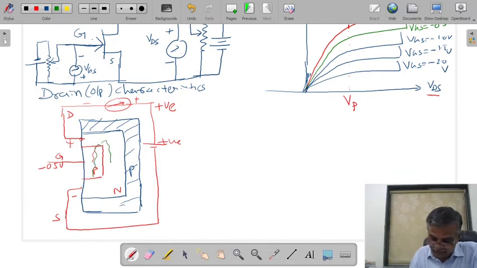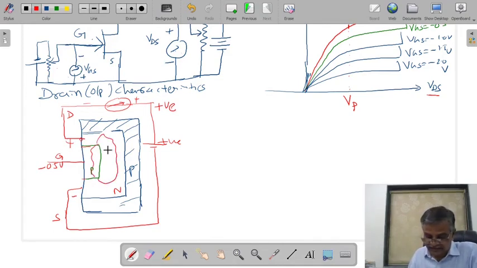In the n-type material, immobile positive ions will be formed here, and in the p-type material, immobile negative ions are formed.